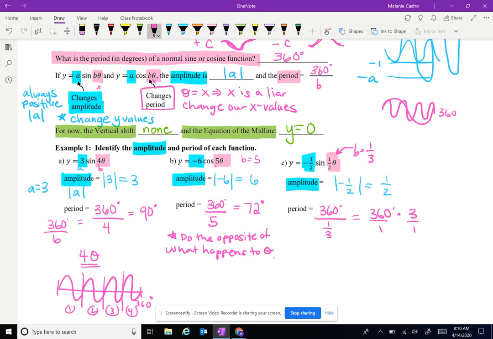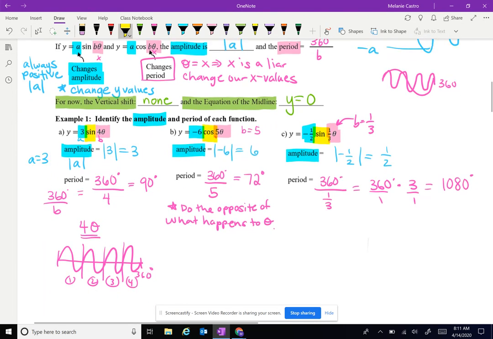So instead of dividing by 3, we're going to multiply by 3, and that's going to come out to be 1080 degrees. Then we just have to be careful to pay attention when we are looking for our mom function. Are we dealing with sine or cosine, to know what type of pattern to use?